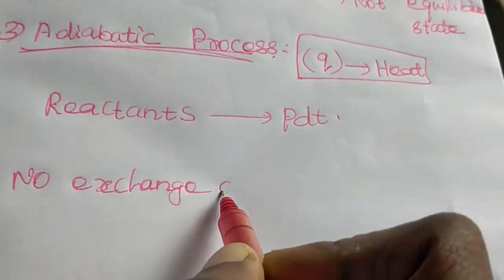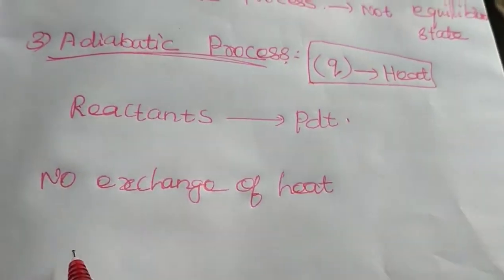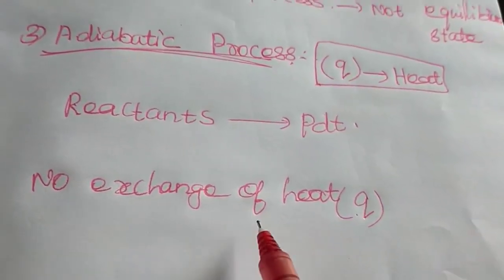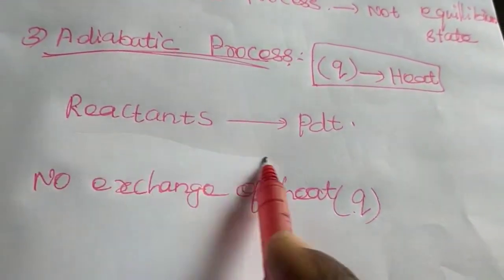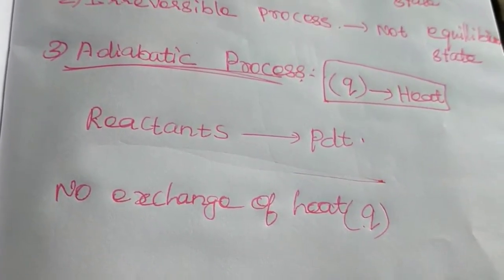No exchange of heat in a process. No exchange of heat means Q. So if there is no exchange of heat in a process, that process is known as an adiabatic process.